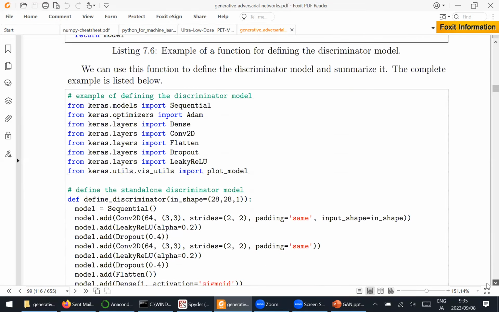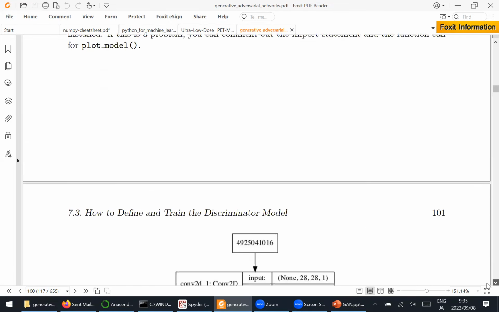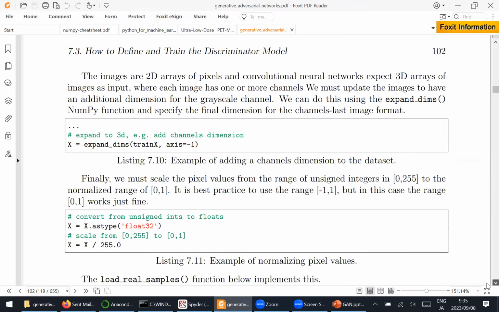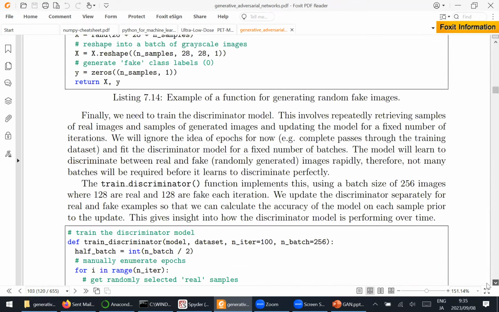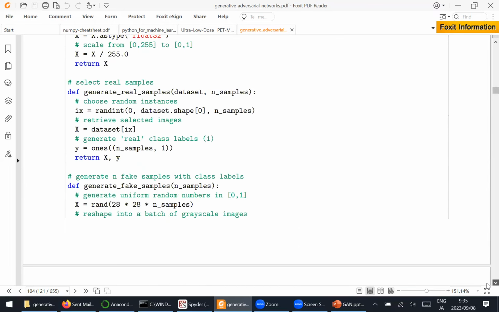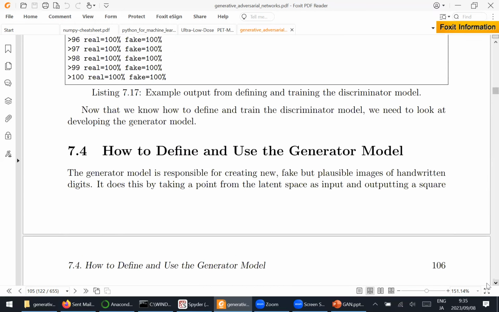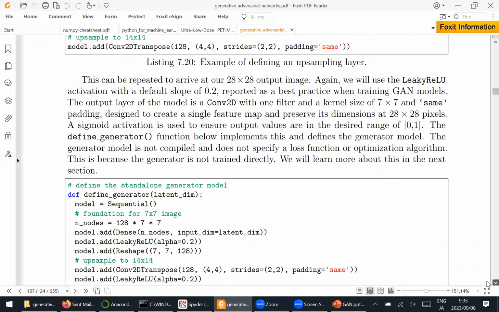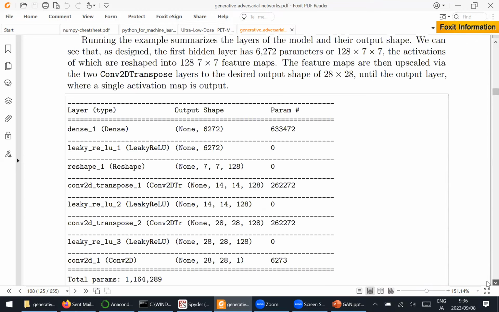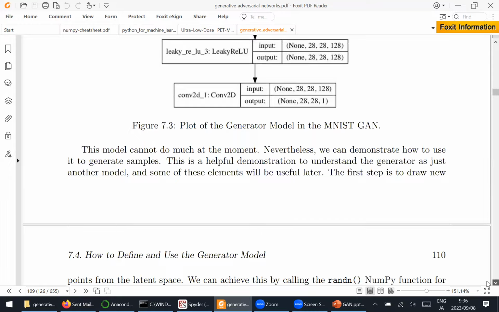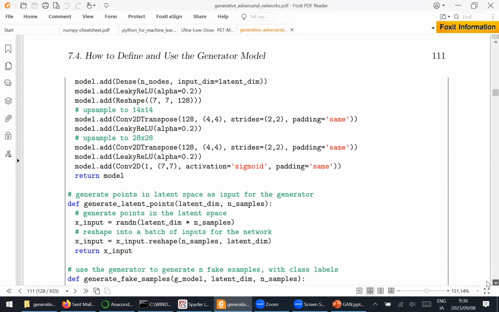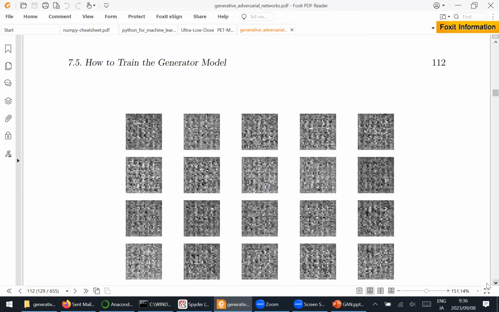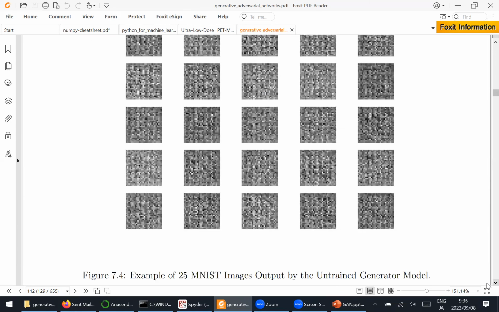Okay, so if we come down here. I'm sorry, I haven't had time to make PowerPoint slides yet, but you can see at first the generator is just generating random noise.